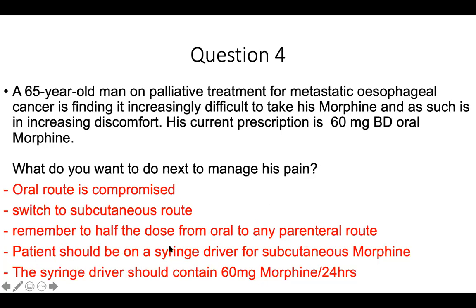So patients should be on a syringe driver for subcutaneous morphine. Okay? So the total daily dose is 120 milligram. If you want to switch to other parenteral route, always halve the dose. So it's gonna be 60 milligram in 24 hours.